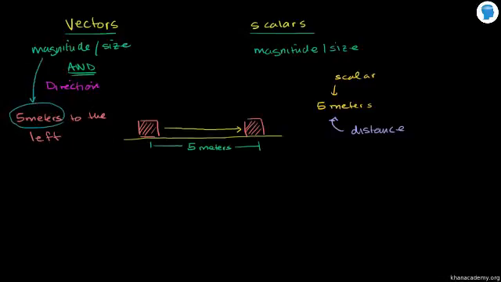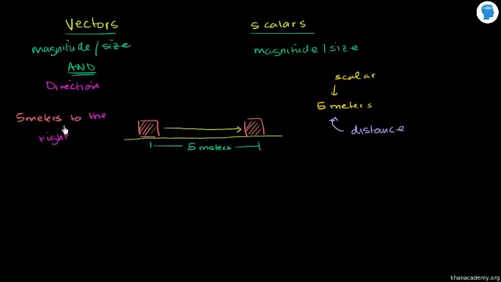And we have specified a direction to the left. So you now explicitly know that it went 5 meters to the, oh, sorry, it should be 5 meters to the right. Let me change that. So that's the direction, to the right is what it got moved. It started here. It went 5 meters to the right.